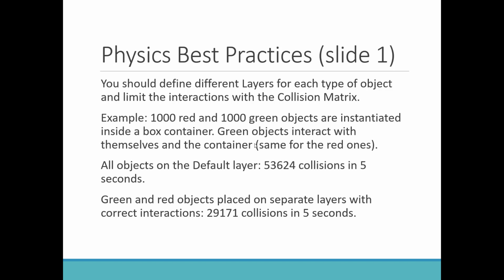Then they decided to place the green and the red objects on separate layers, like I did with my blue and green objects, and not have them interact. You can see the number of collisions was still pretty high because they were hitting the edges of the box, but it reduces quite a lot to 29,171 in 5 seconds. That's not negligible. And if you are using things like mesh colliders, that definitely should be a consideration, because mesh colliders compared to primitive colliders are going to be a lot more intensive when it comes to those physics calculations.